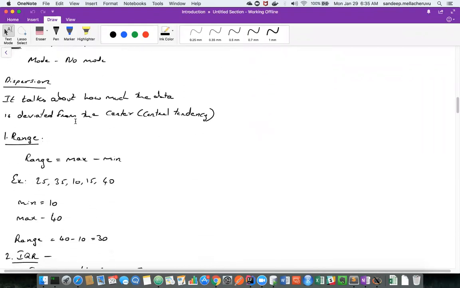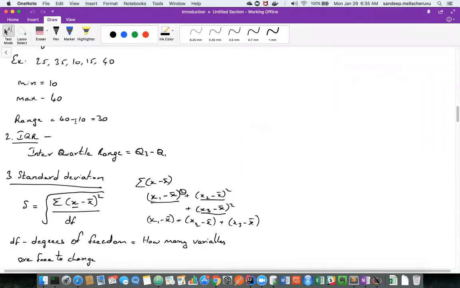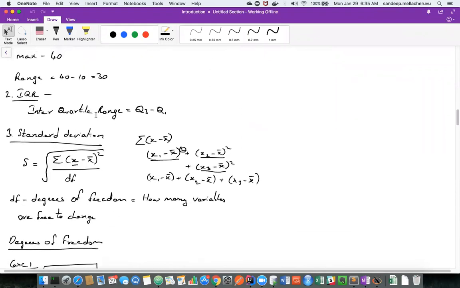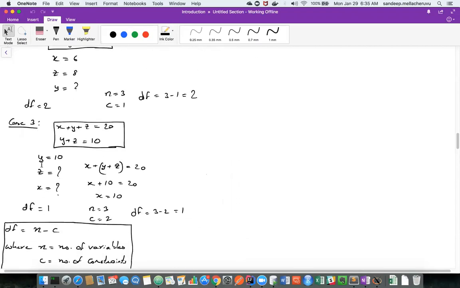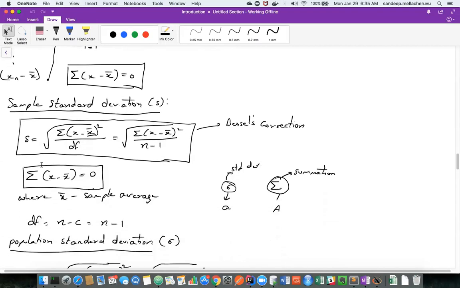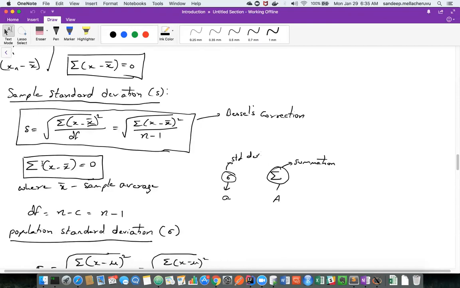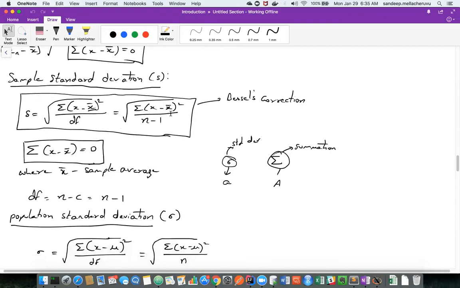Three measures are available. One is range, the other one is IQR, another is the standard deviation. And for standard deviation, we have also discussed the degrees of freedom, which is the most important part. After the degrees of freedom is cleared out, we have two different formulae for standard deviation, one for the sample, another for the population.